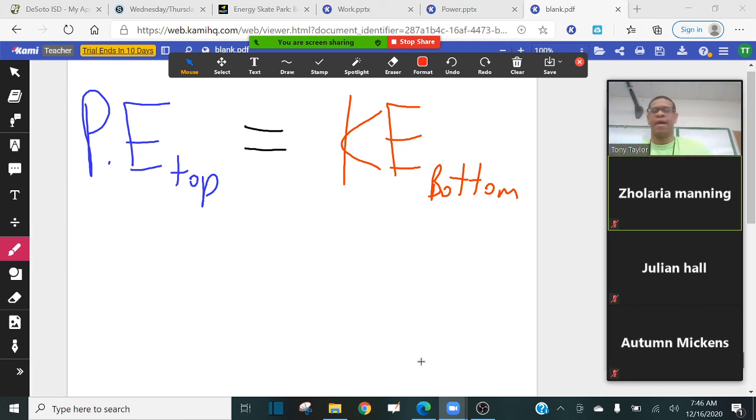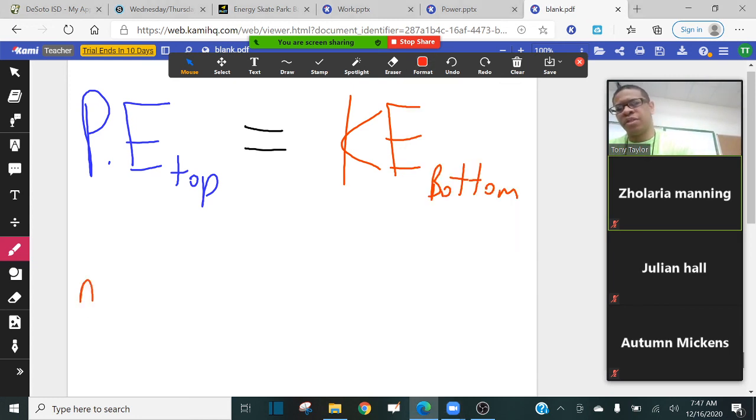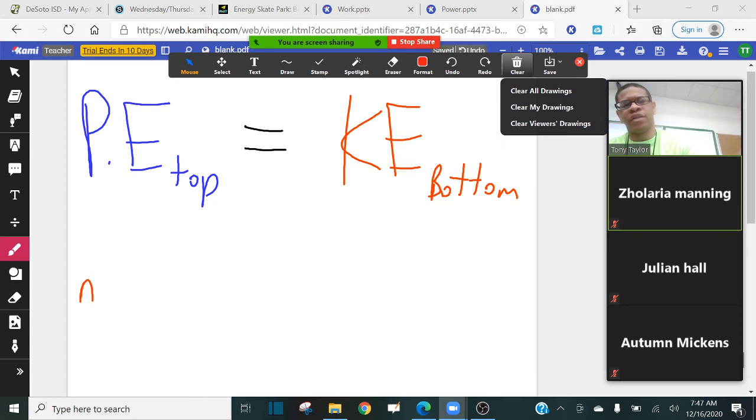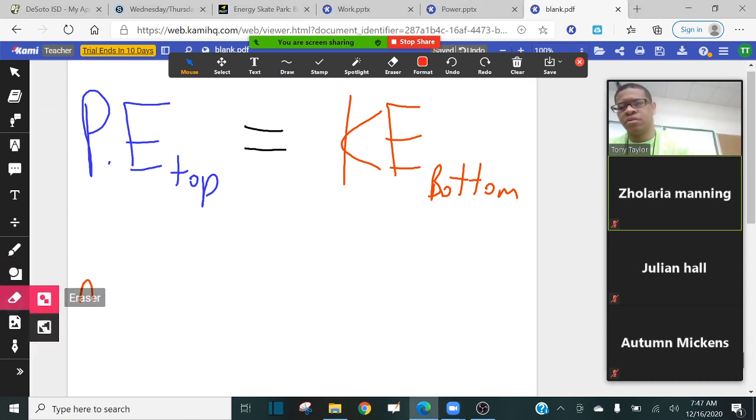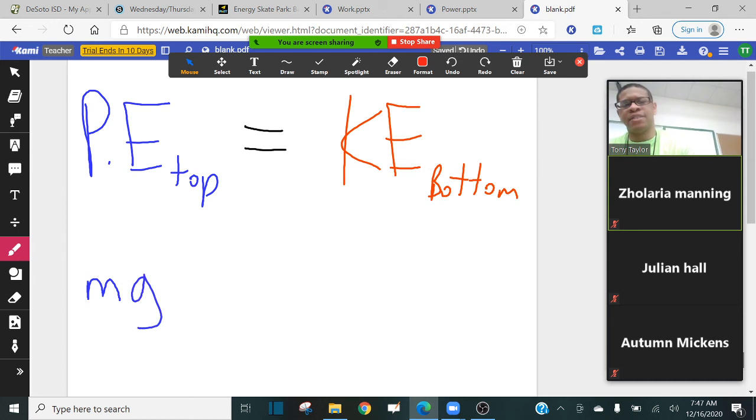So that's just something to keep in mind, because you guys will have questions like that on the test. So it's important that you know how to use your equations. Remember, the equation for gravitational potential energy is, go ahead and write this down, mass times 9.8 times the object's height.